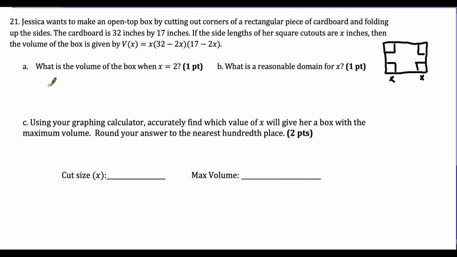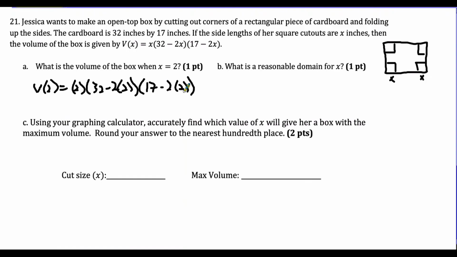So for part A, it's just asking me, okay, what volume do I get if I cut out 2 by 2 squares? So I'm just plugging 2 into my function. So 2 times 32 minus 2 times 2 times 17 minus 2 times 2.